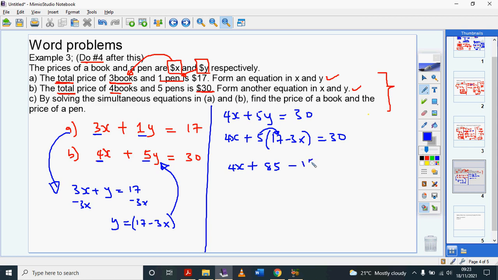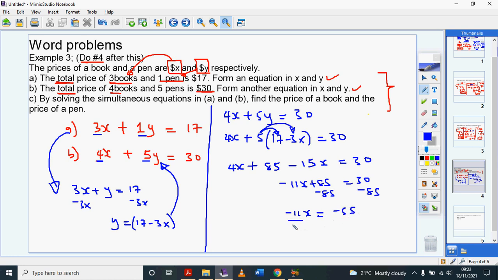Minus 15x, because 5 times 3 is 15, x is equal to 30. So I have 4x and negative 15x. That gives me negative 11x plus 85 is equal to 30. I can subtract 85 from both sides, and I end up with negative 11x is equal to 30 minus 85, which gives you negative 55.